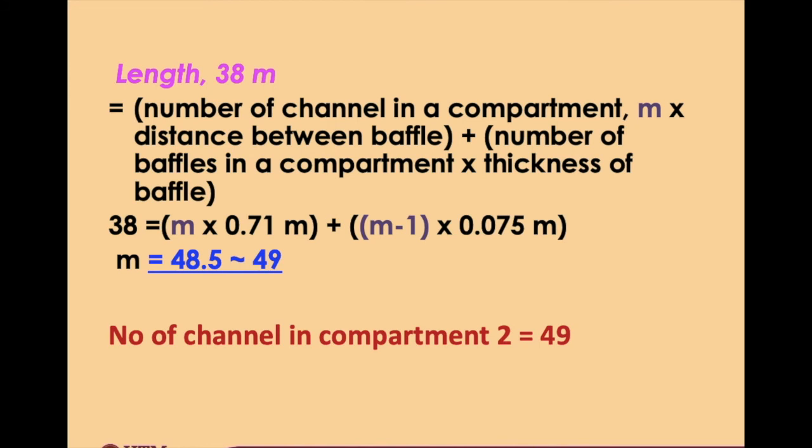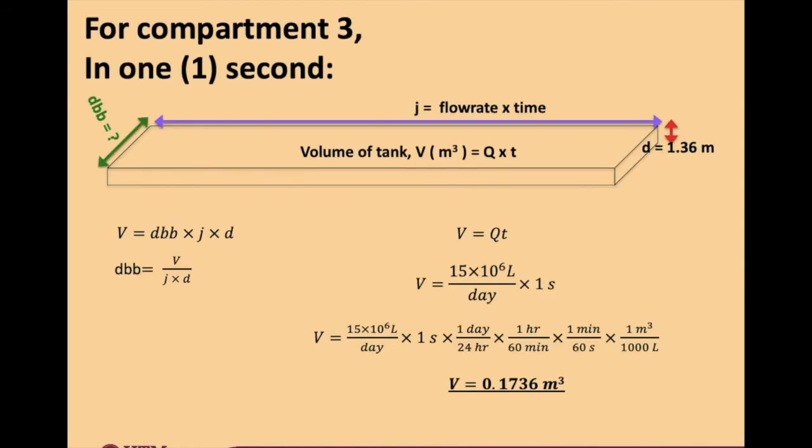So, can I proceed to the last part? The compartment, sure. Right, this is compartment 3. Now again the J will be different. The flow rate was 0.08 if you refer to the questions. So definitely our J will be different now, which is 0.08.